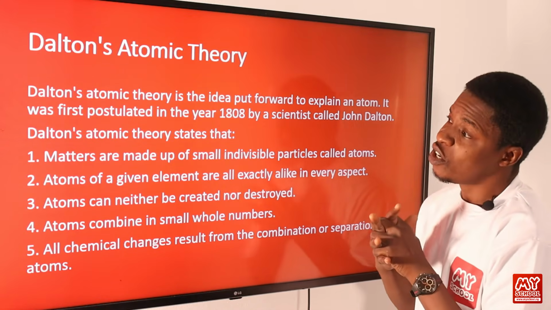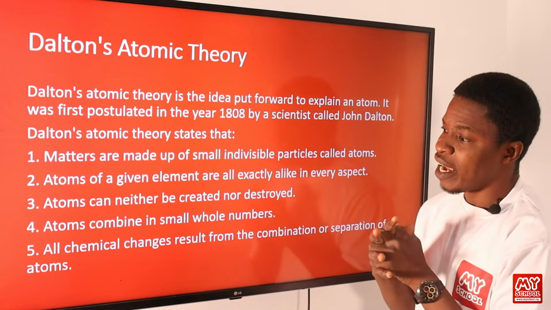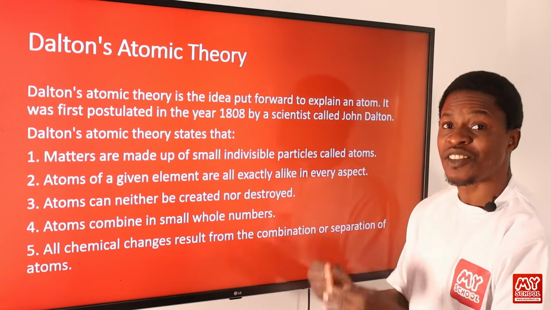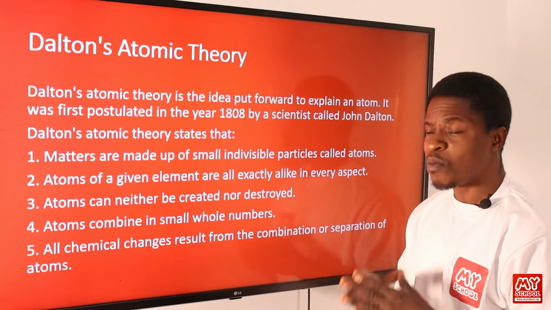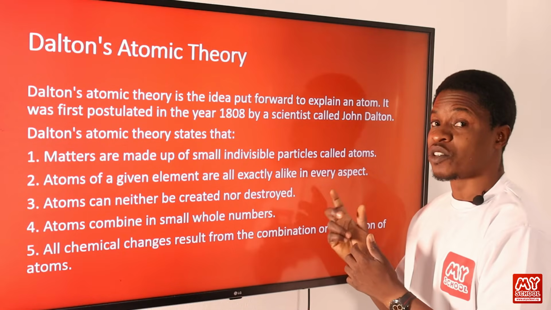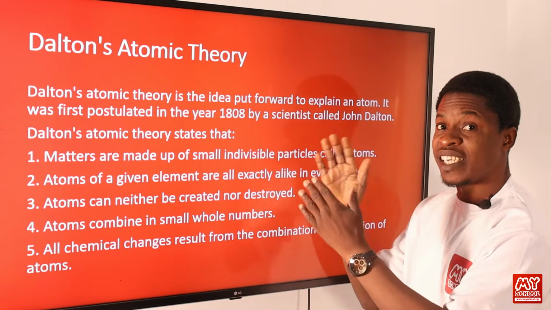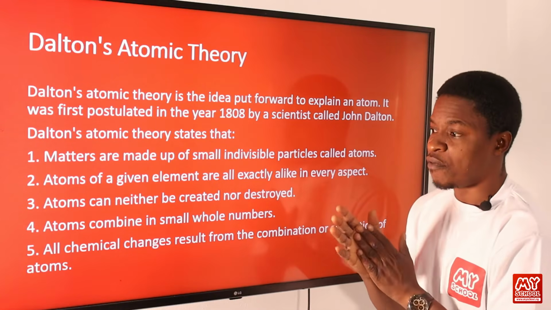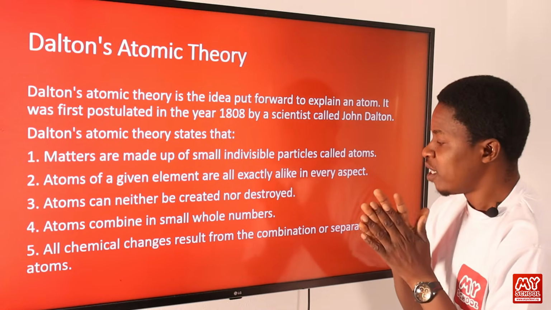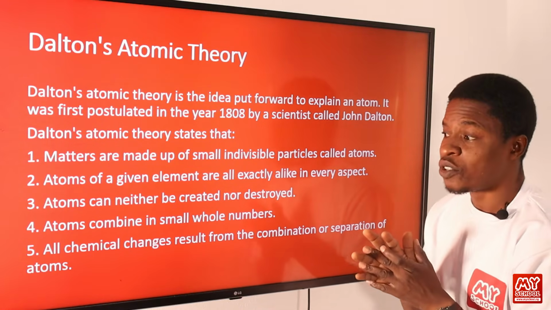The fourth postulation was around the combination of atoms. He said atoms combine in small whole numbers, saying if copper is to combine with oxygen, they are supposed to combine in small whole numbers. And the fifth one is that all chemical changes result from the combination or separation of atoms.